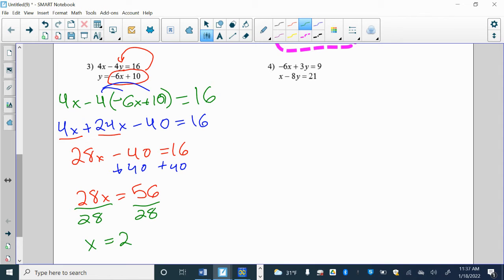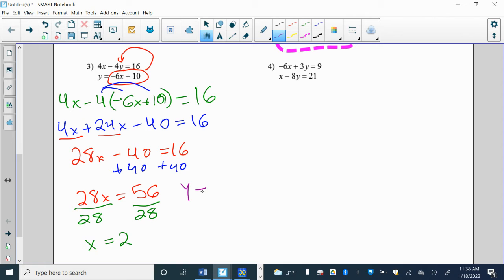So we got the x, now we got to find the y. In terms of where to put the x in, if we come back to these original two equations, they both will work in terms of putting in 2 for x and solving for y. We always want to go back to an equation that's already set up in x equals or y equals form for substituting. So the fact that this says y equals on the bottom is going to be much simpler algebra for finding the y.